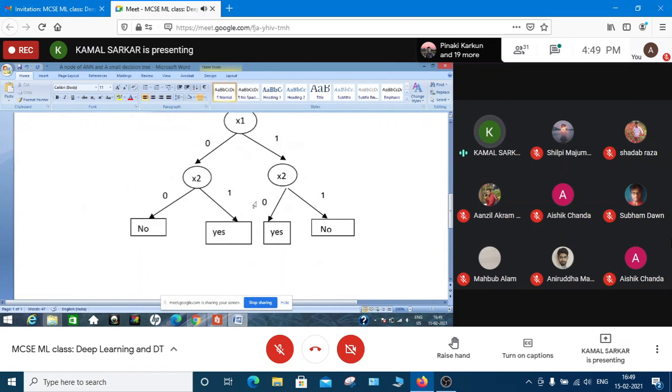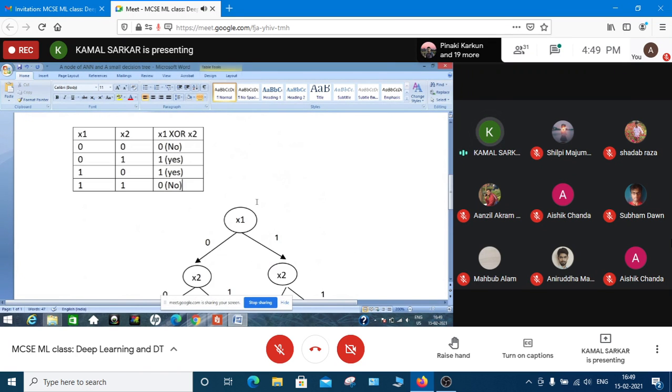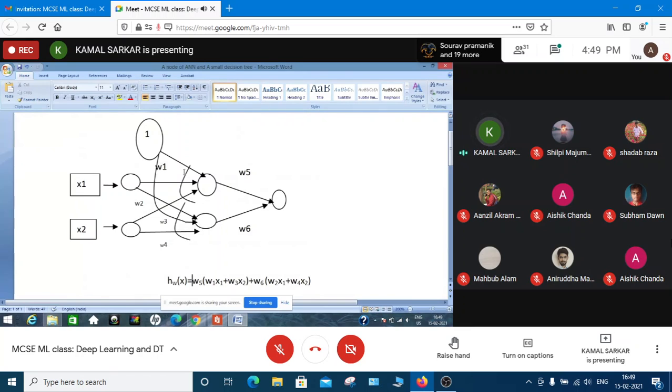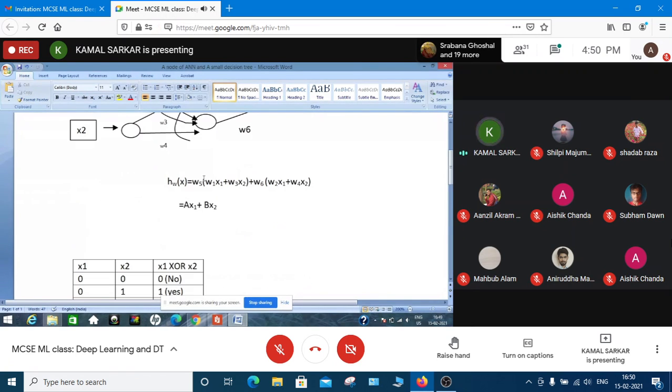So just to compare, here is how the hypothesis is represented. Based on this hypothesis, you are classifying depending on some threshold value, whether the value is greater than some threshold value. So whenever the value of this is greater than 0, there should definitely be some W0 here, though I have not mentioned it. One W0 is there, and another connection will have another W0.